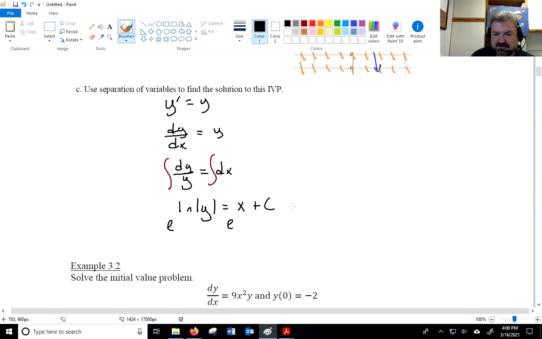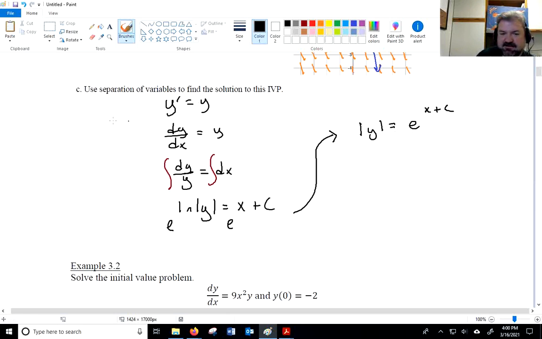Because this is a technique that is really important, especially in the next lesson. So I want to show you how we can change this c and where it's at and get rid of the absolute values. So when I do that, e to the natural log of y becomes the absolute value of y. And then on the right, I get e to the x plus c.